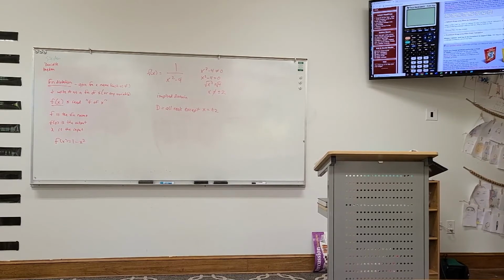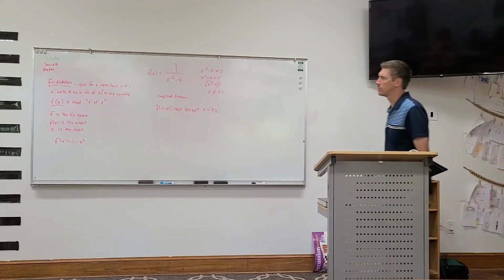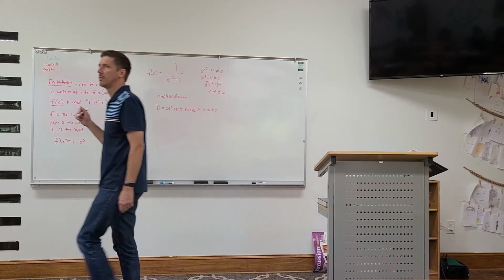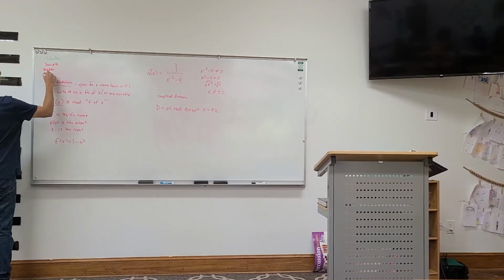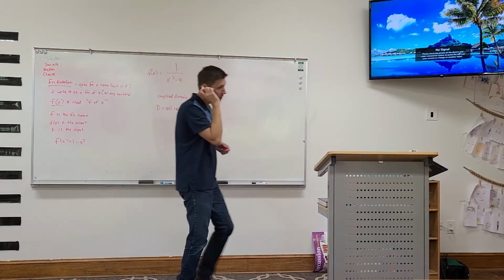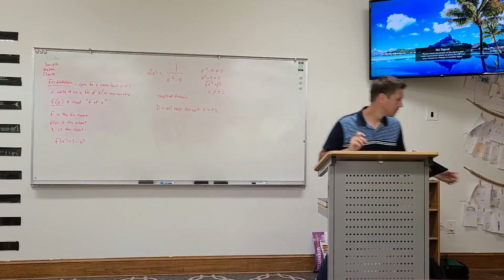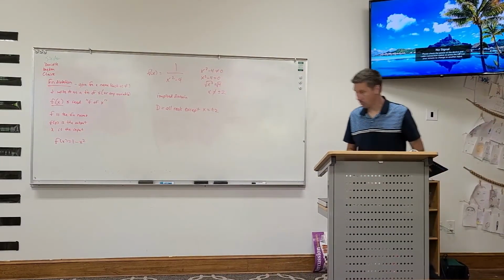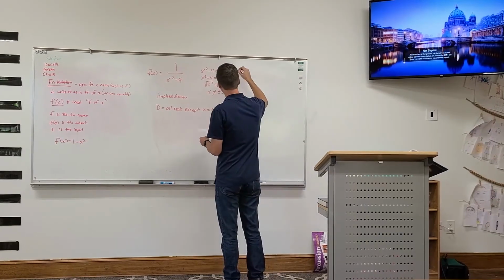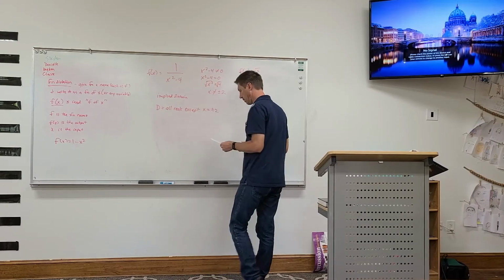Does that make sense to everybody? I'm drawing a blank on your name. Claire. All right, Claire. So let's see another one where the domain would be implied. What if I had this? f of x equals square root of x.